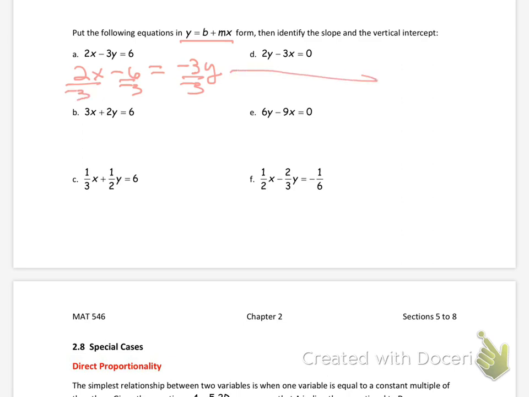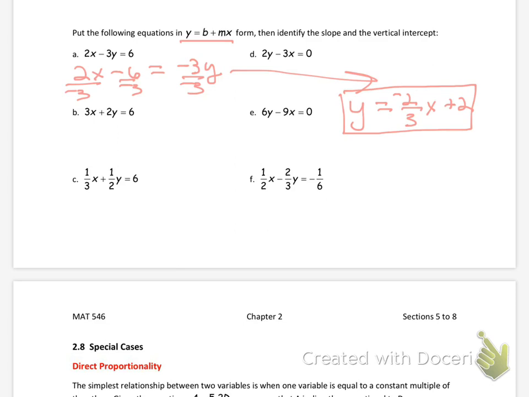I'm just going to do this one over here. I would get y equals, okay, so I'm changing the order, negative 2/3 x, and then a minus over a minus will give me a plus 2. Okay, so that's what I'm getting there.